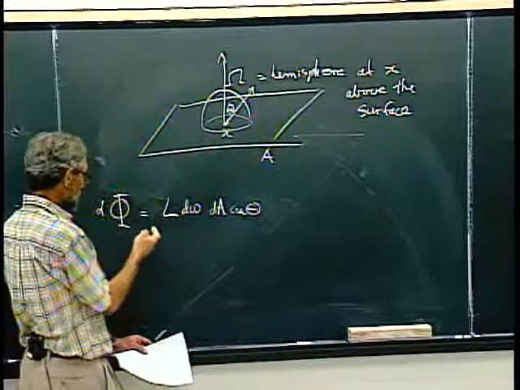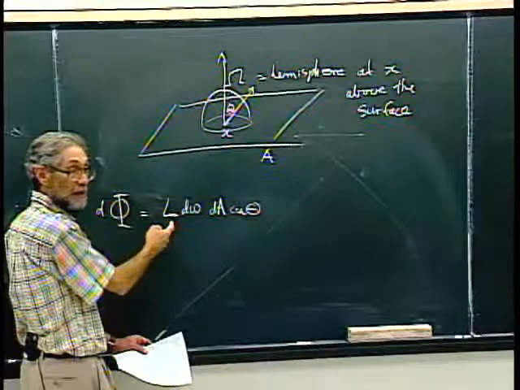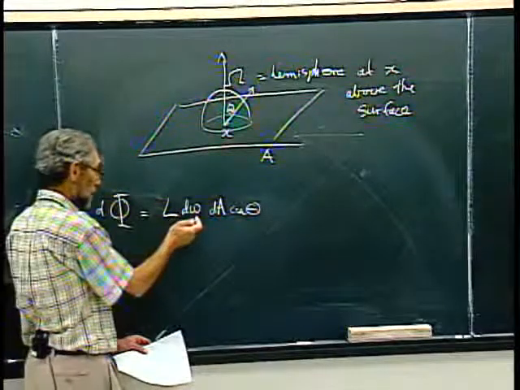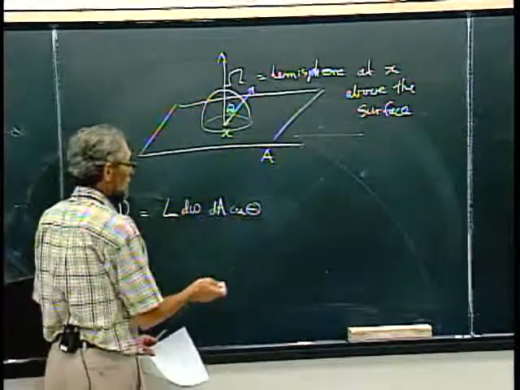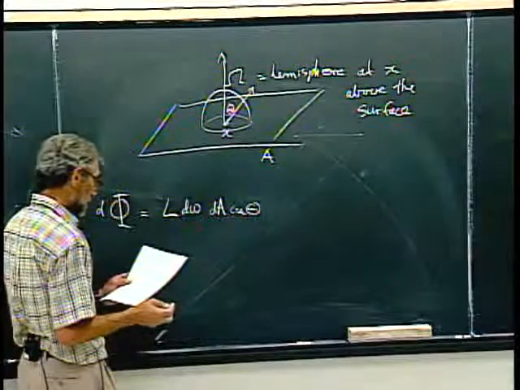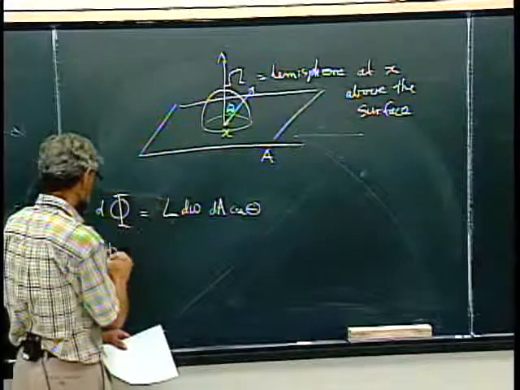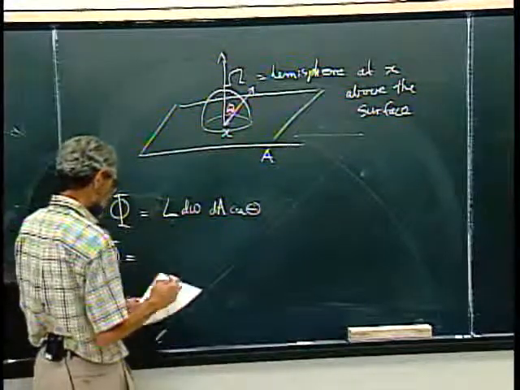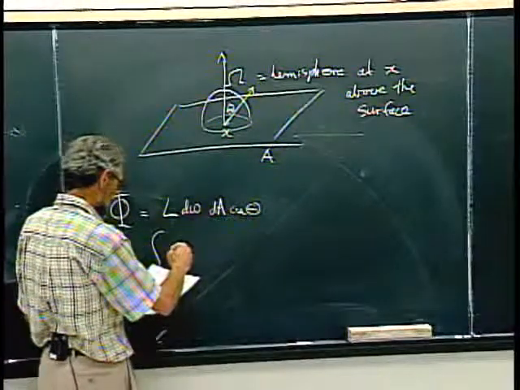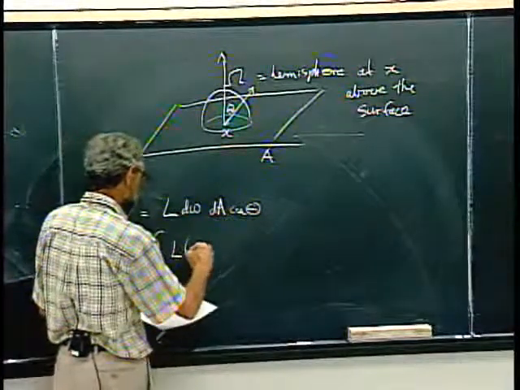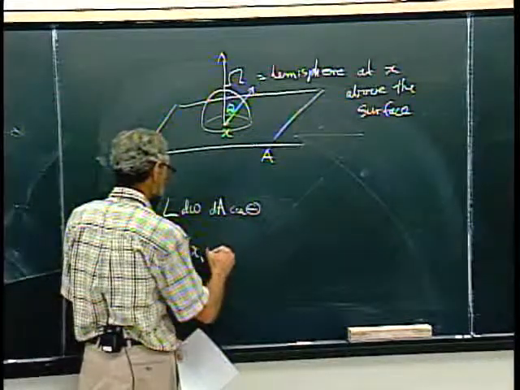So this formula was the definition of radiance, but now I'm turning around saying if I know the radiance, and I know a piece of small solid angle and a piece of small surface, then I can get the flux. So that means the total flux hitting the surface is the integral over the surface for the dA part times the radiance, and we can say the radiance depends on the position and this angle.